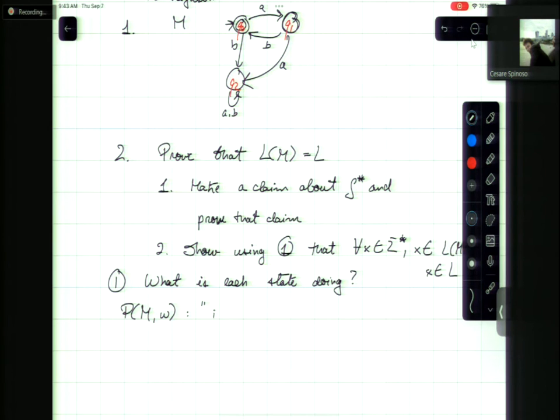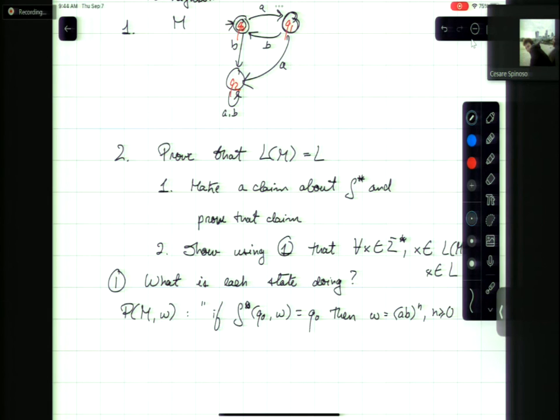I'm going to say if I'm at q0 and I read a string and I end in q0, then that means my string has the form a^n b^n for n greater or equal to 0. This statement is going to be a sequence of if-thens, where each conditional in the if is going to say, well, I'm in this state, and then the then is going to be the claim about w when I'm in that state.